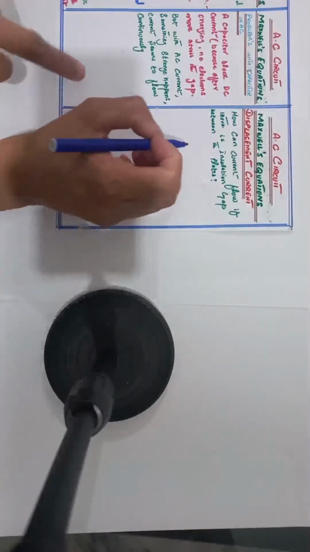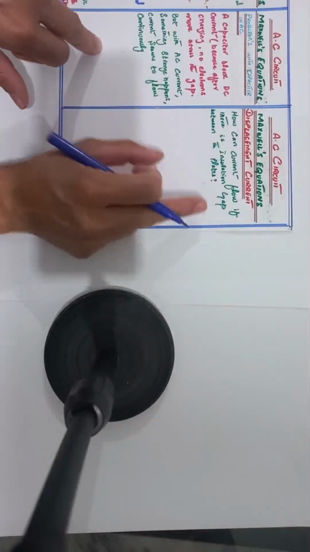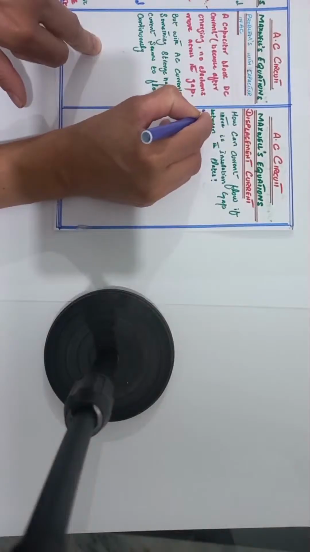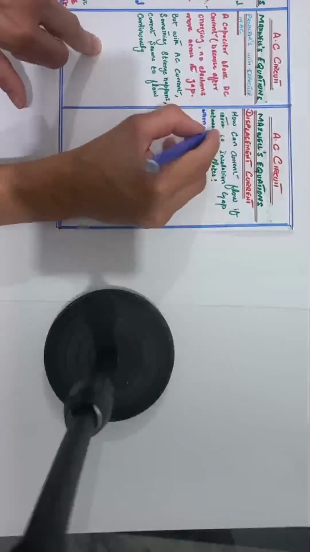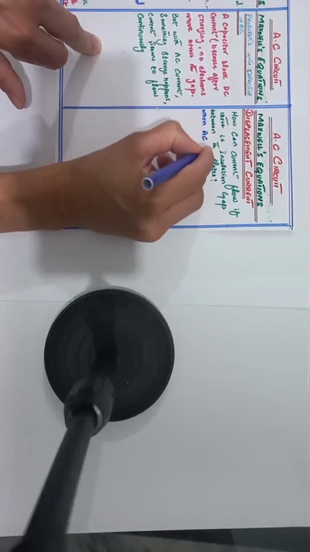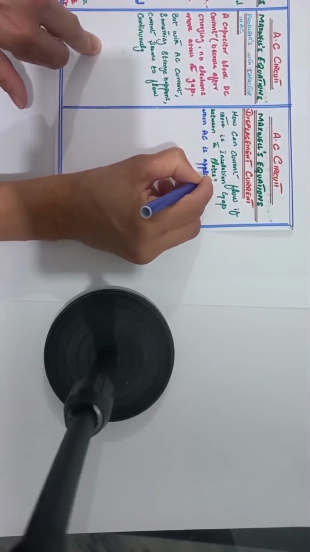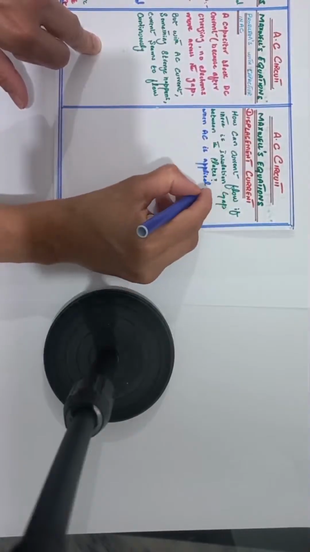So here we write the answer: how current flows if there is an insulation gap between the plates when AC is applied.